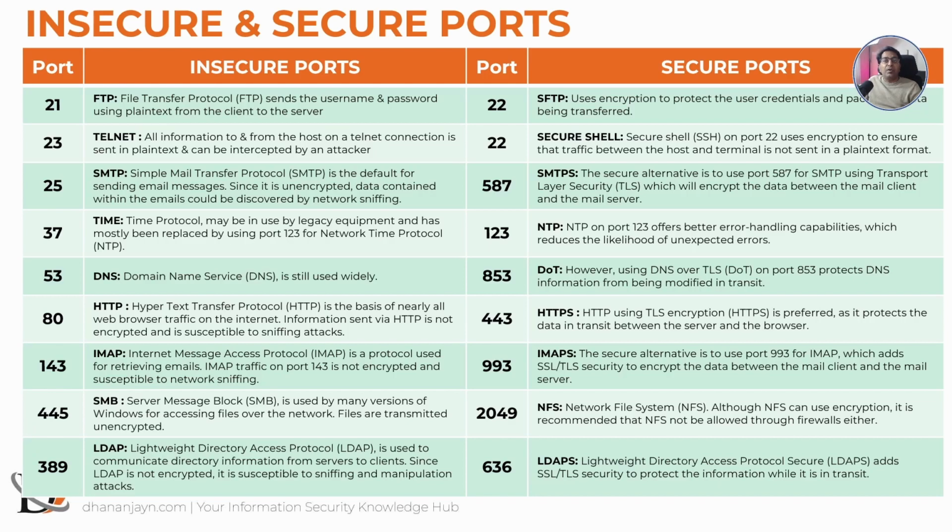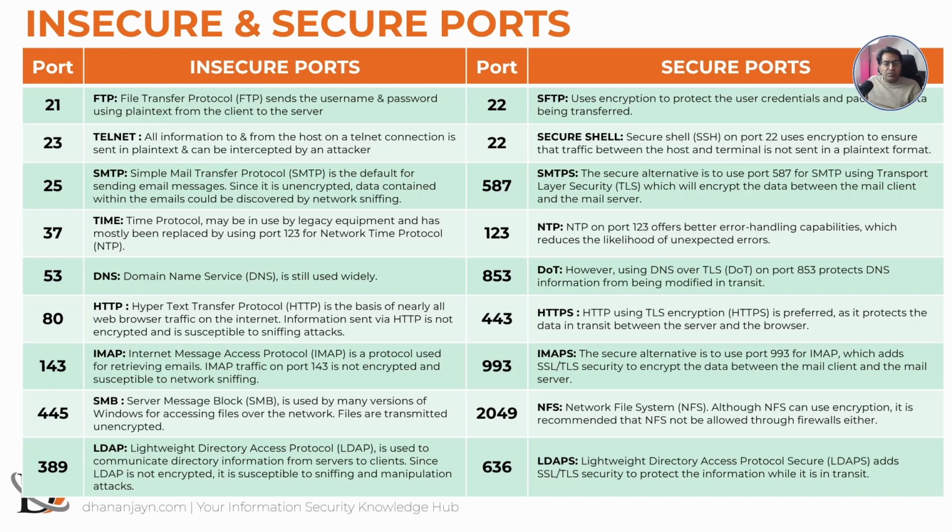For example, FTP is not secure anymore because it sends the username and password in plain text from the client to the server. So nowadays it's a recommended practice that instead of using FTP, we use SFTP, which is Secure File Transfer Protocol, which encrypts and protects the credentials as well as the data being transferred between client and server.